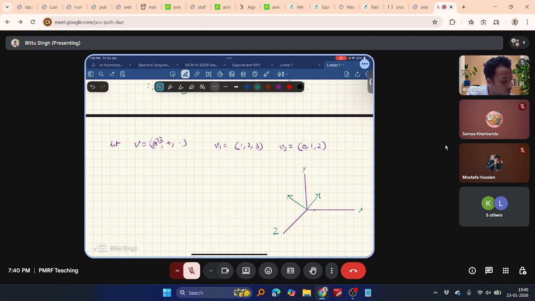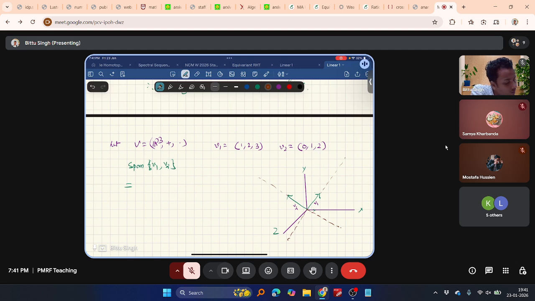Then what does this mean by spanning set of v1, v2? Span of v1, v2. This means the linear combinations of those two vectors. So if we scale the vector v1, suppose this is v1, this is v2, then we'll get the whole line like this. If we scale v2, then we'll get the whole line along the direction of v2.